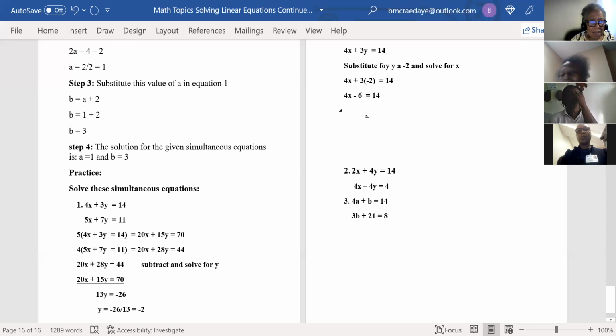I don't know, multiply. No, this is a subtraction. Oh, this says 4x minus 6 equals 14. So that means you're going to add 6 to both sides. All right. So if you do that, what do you get, Maureen, when you do that?